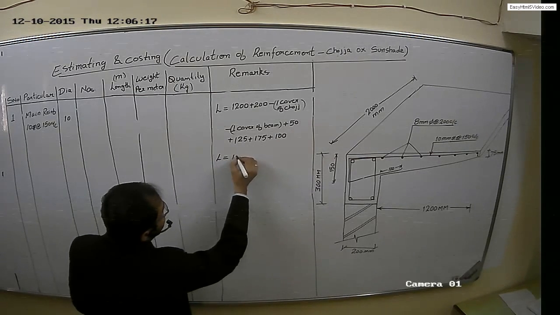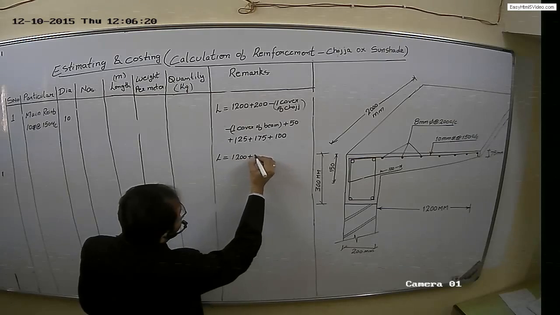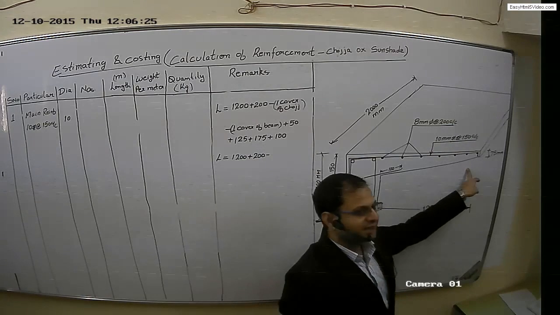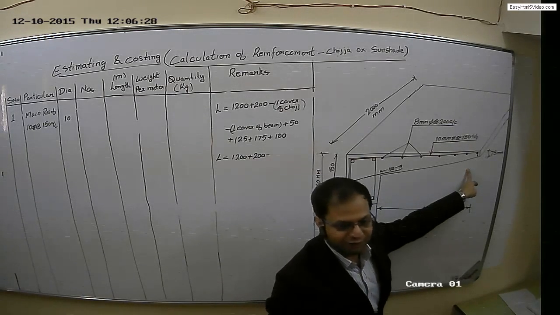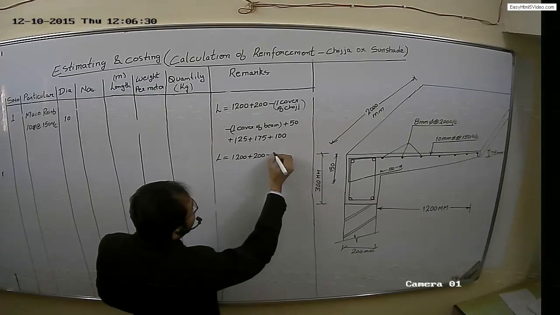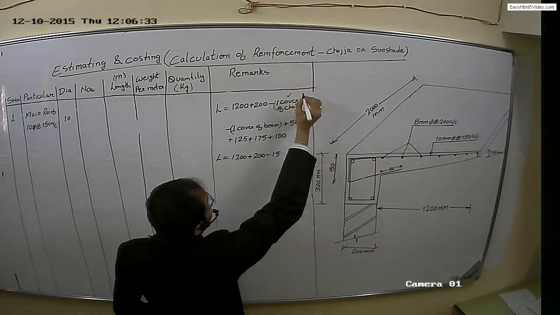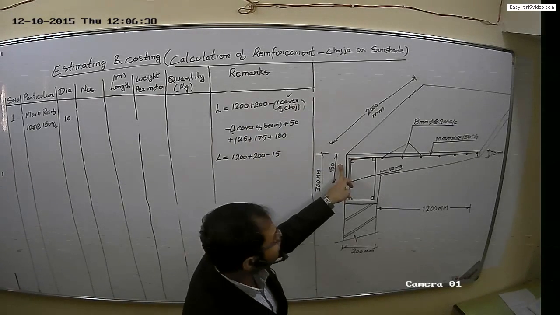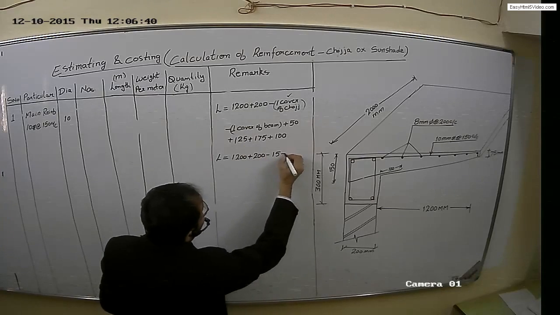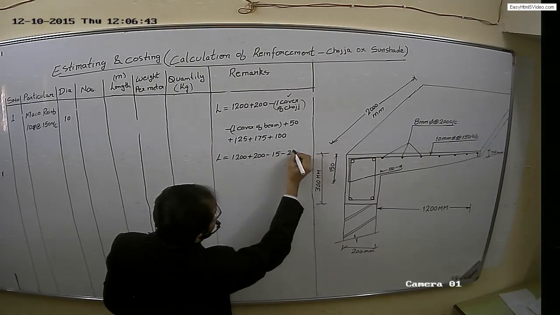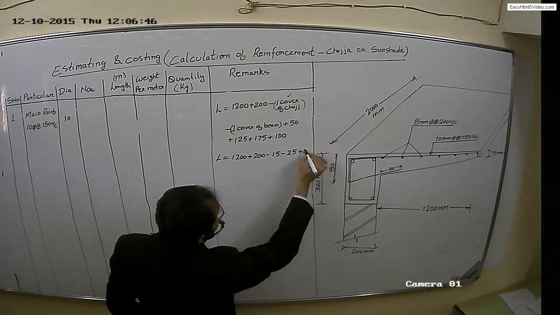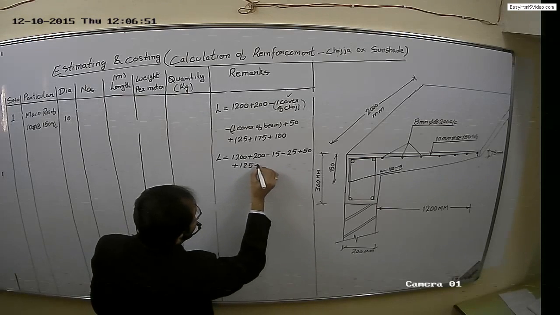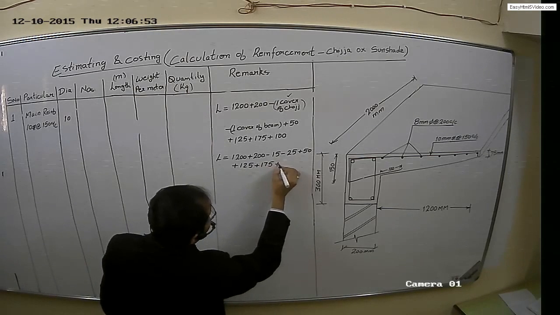So 1200 plus 200 plus cover of the Chajja. Basically Chajja is the form of slab. We will take a cover of 15 mm. So minus 15 mm for this cover and one cover of the beam. Generally for beam, the cover we used to take as 25 mm, so I am deducting 25 mm, then 50 we have to add, again plus 125 plus 175 and plus 100.